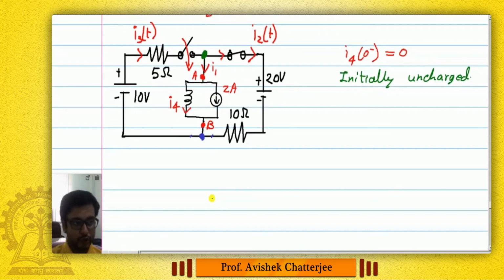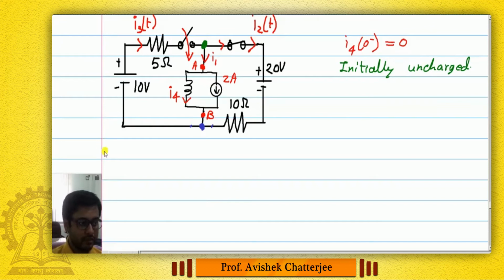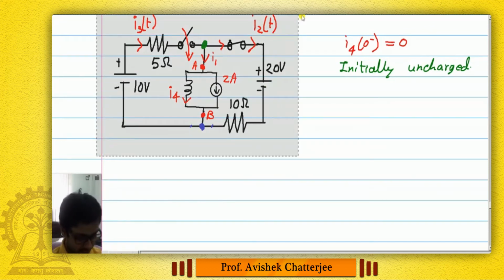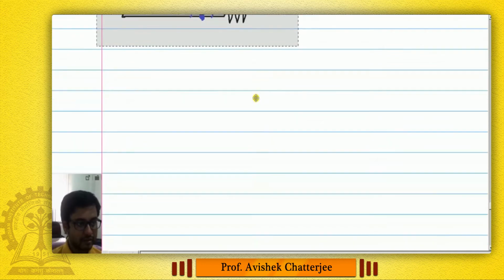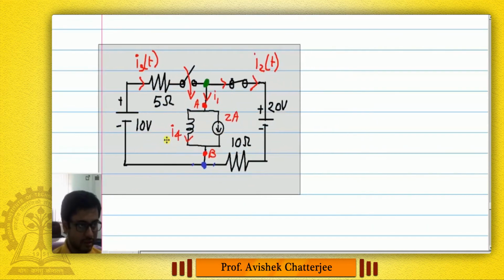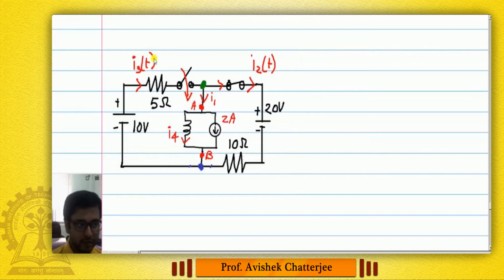Next what we will do, we will redraw this circuit again, but now I will write the Laplace transform of all voltages and currents, like capital I3(s), here capital I2(s), this will be capital I4(s), and so on.